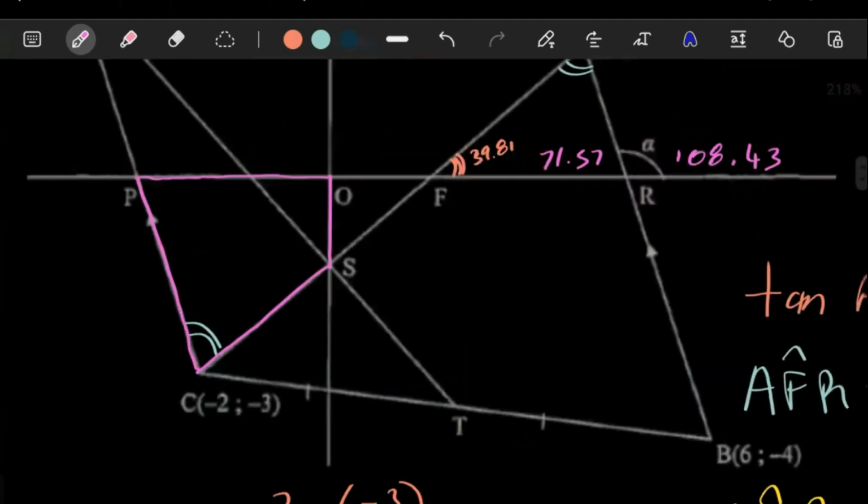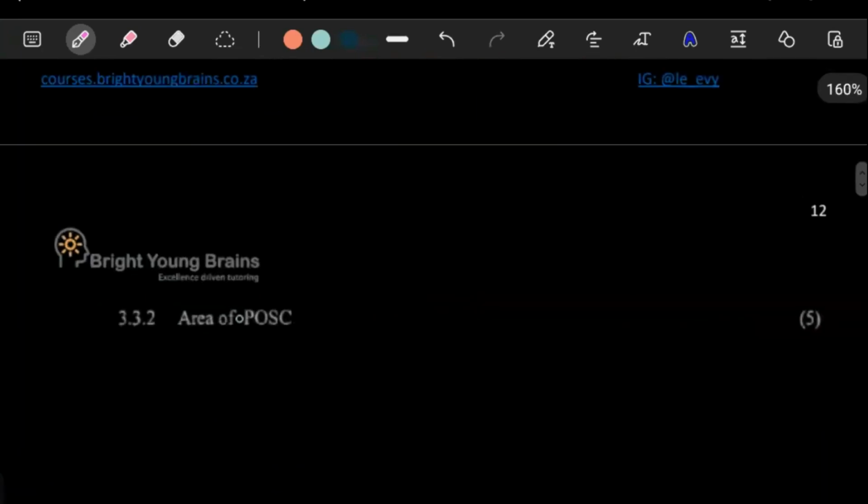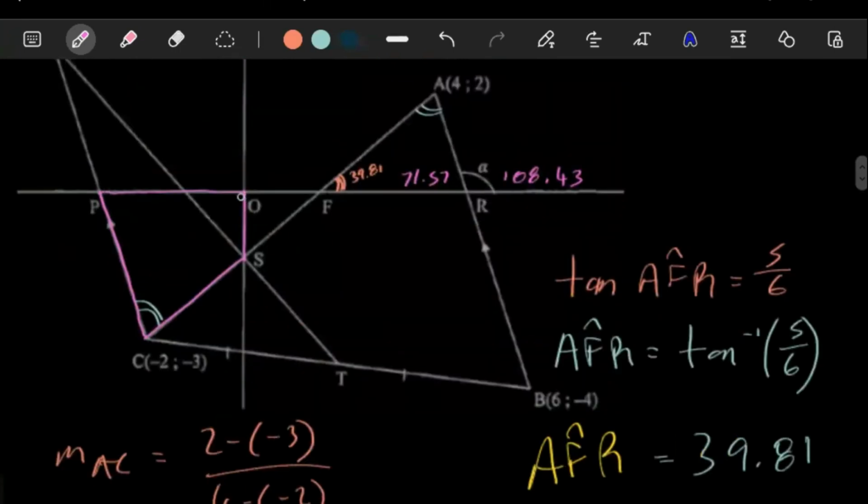Now, it being a 5-mark question, it's also one of those things where you almost want to just double check POSC.